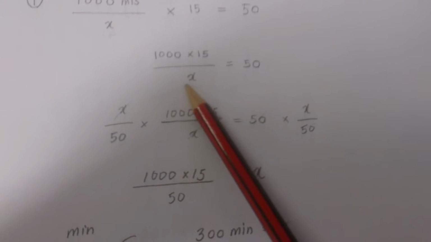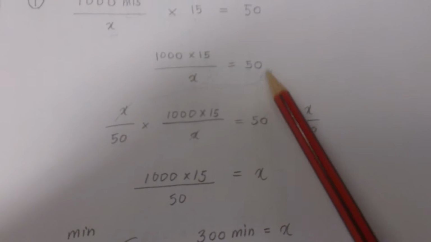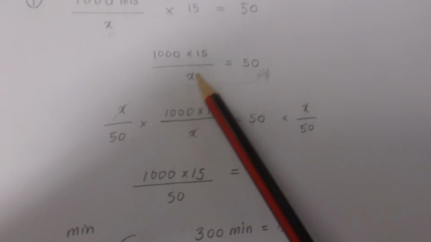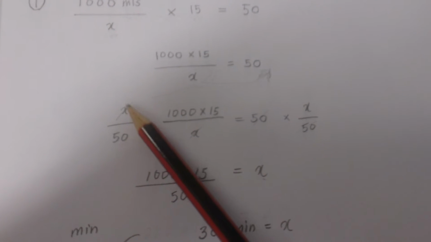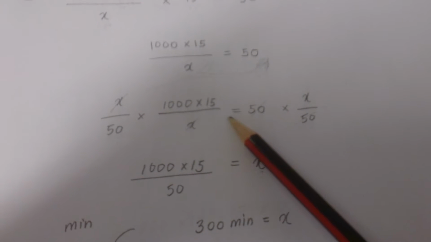So we want to bring that X to this side, isn't it? So that we know what X is. So what we can do is we can multiply by X over 50, and we need to do the same thing here, so that it will be equal.